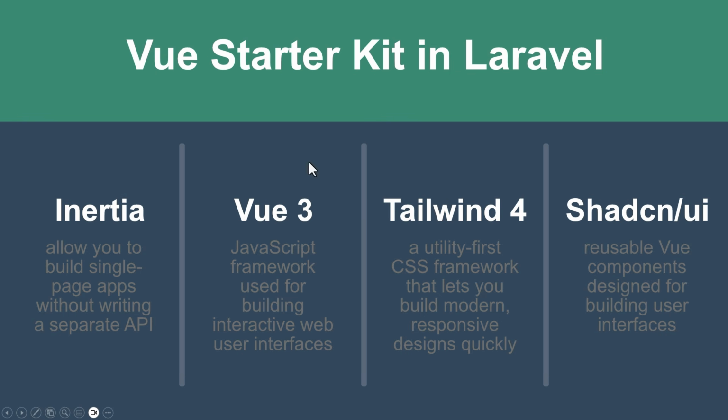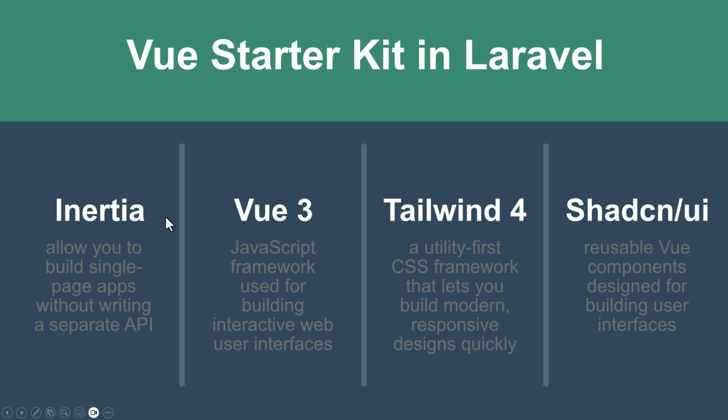So let's talk about Vue Starter Kit in Laravel. So Vue Starter Kit in Laravel uses this technology: Inertia, Vue 3, Tailwind 4, and Shadcn UI. So what exactly is Inertia? It allows you to create a single page application without writing a separate API.